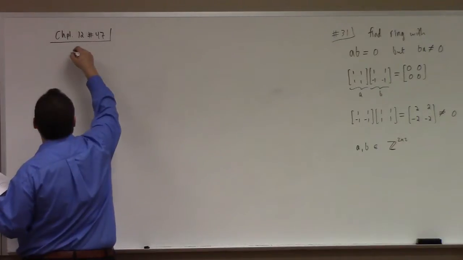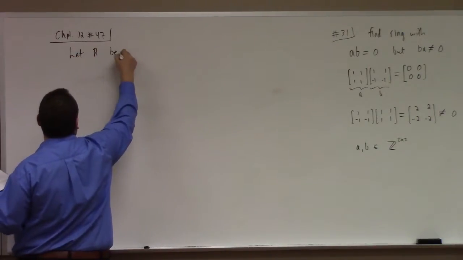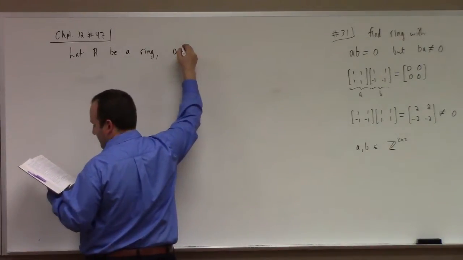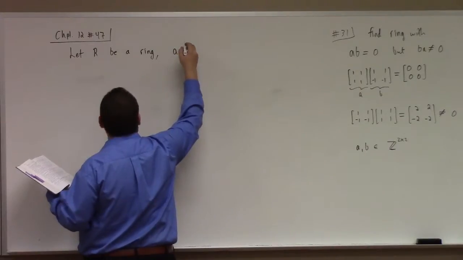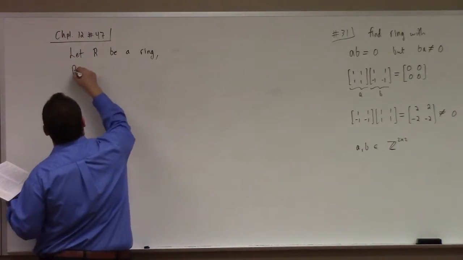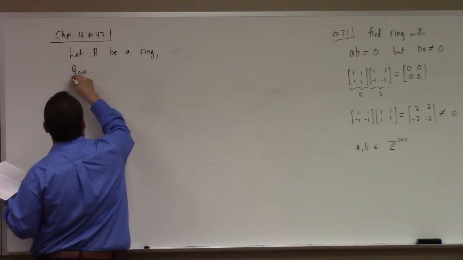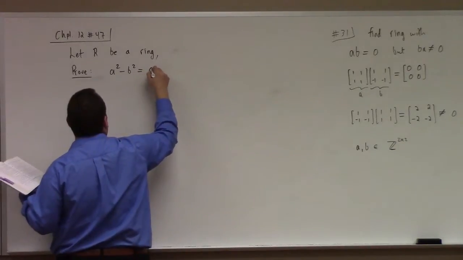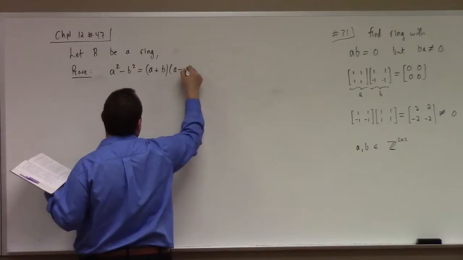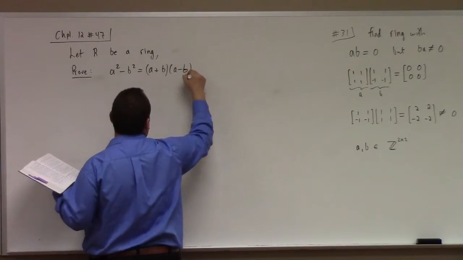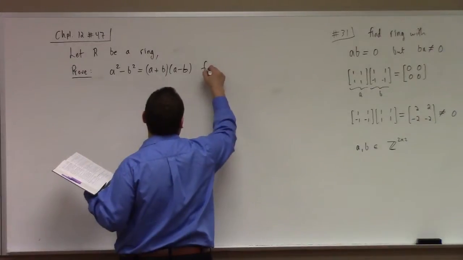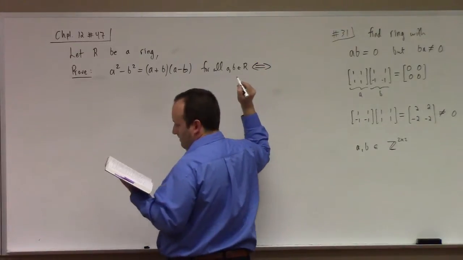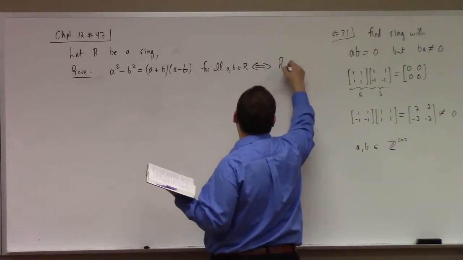He says, let R be a ring, and we're supposed to prove the following. Prove we have the identity a squared minus b squared is equal to a plus b times a minus b for all a, b in the ring if and only if what?